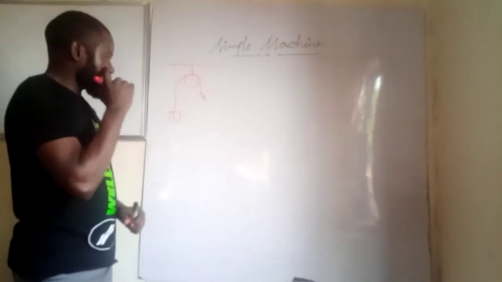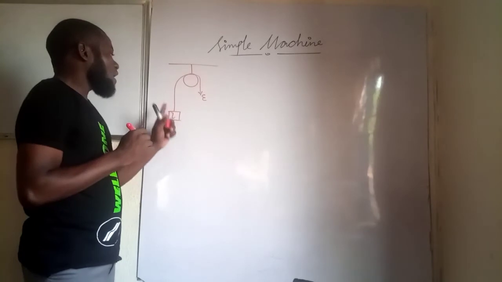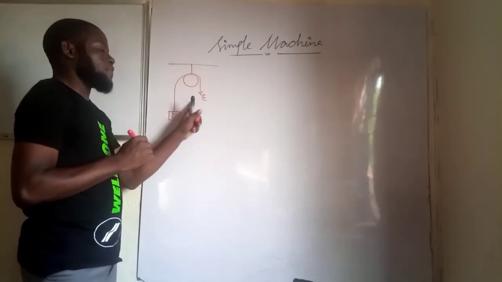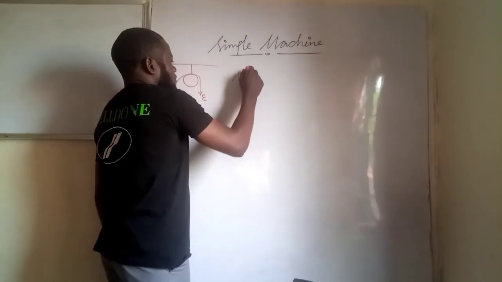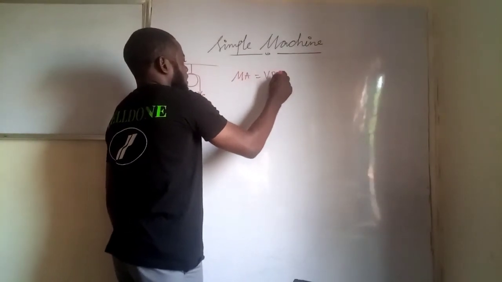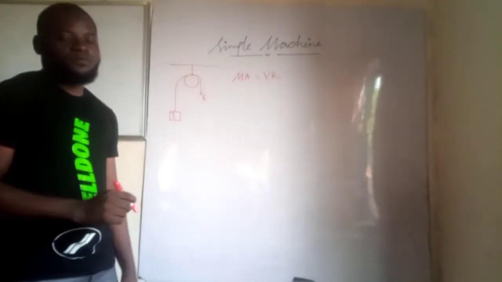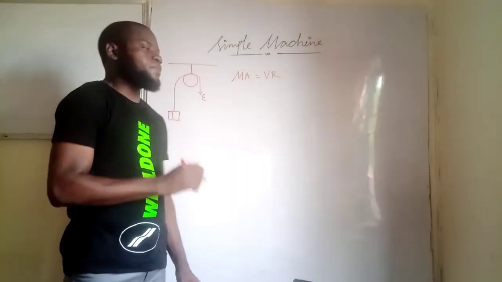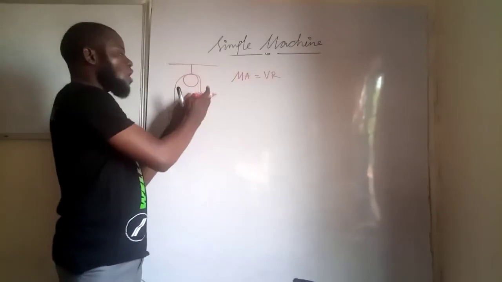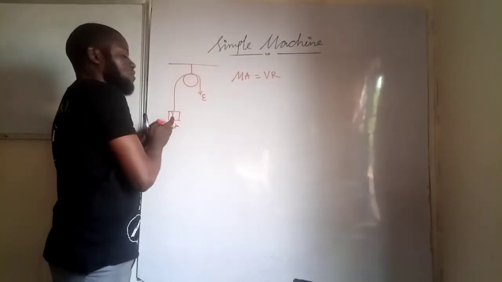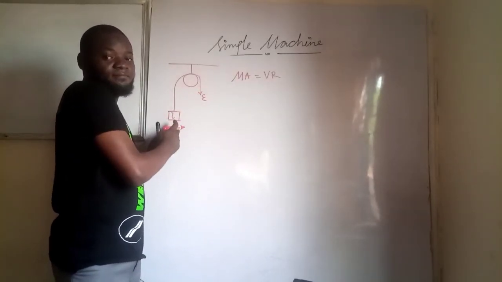Guys, I would like you to understand something here. When you talk about a fixed pulley, the mechanical advantage is also equal to its velocity ratio. Are we together? Why? Because there is no friction. Therefore, the work done at this end must equal the work done at this end.